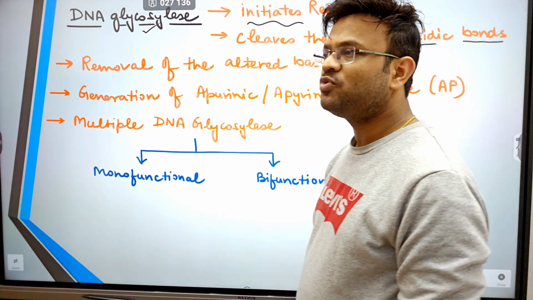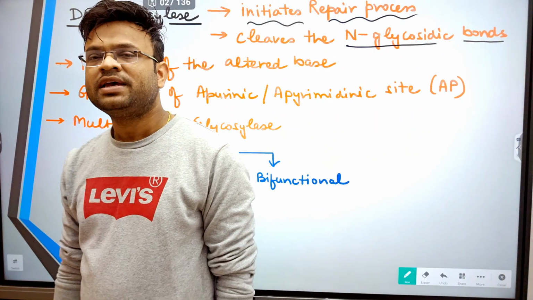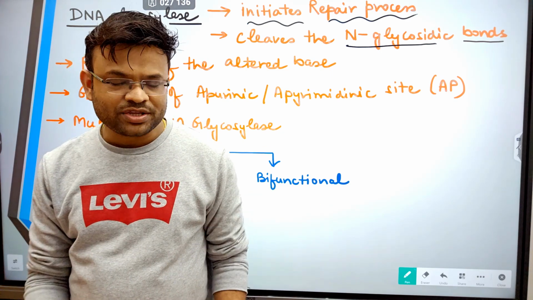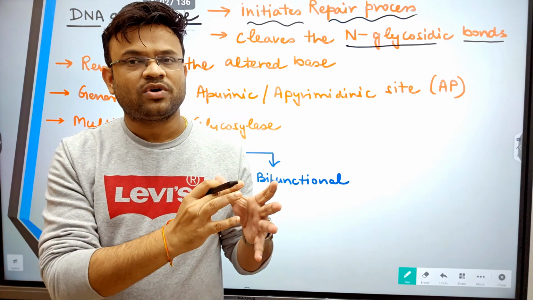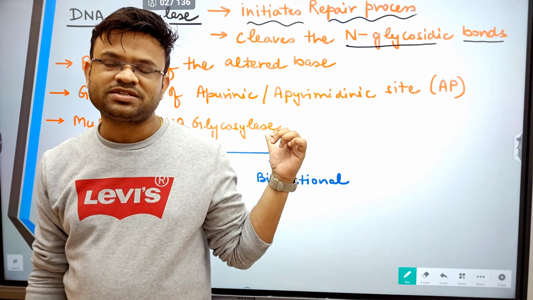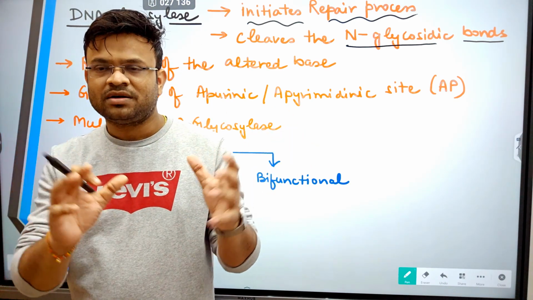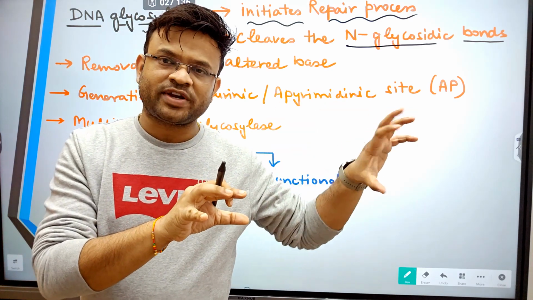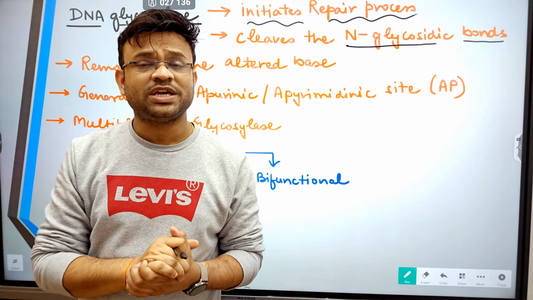What do you mean by removal of these N-glycosidic bonds? N-glycosidic bonds simply are the bonds through which the sugar was connected to the nitrogenous base. Remember, I just showed you a quick diagram in which the sugar was there, the phosphate group was there, and the nitrogenous base was there.